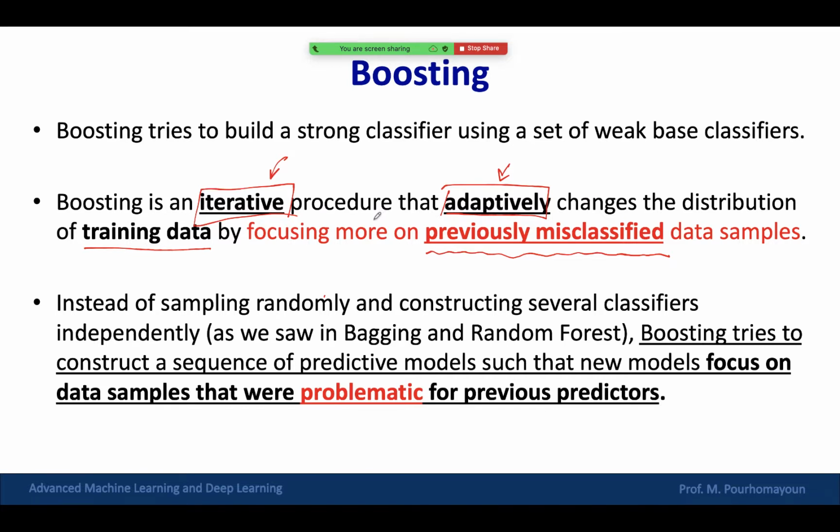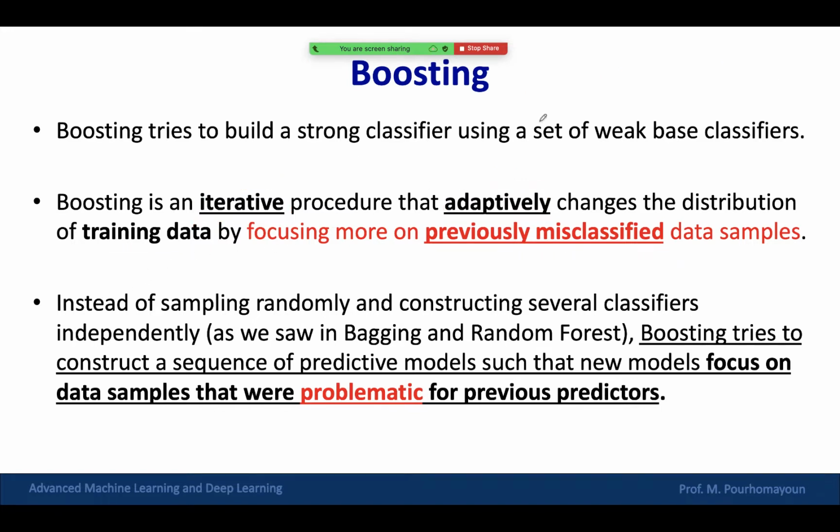So if your previous classifiers make bad predictions, then we change the distribution of training data. We change the training data that we provide to next classifiers, so that it can take care of the problematic samples. So that's why it is not static. It's not like, for example, bagging, where we train 5 different classifiers simultaneously and then make the final decision.